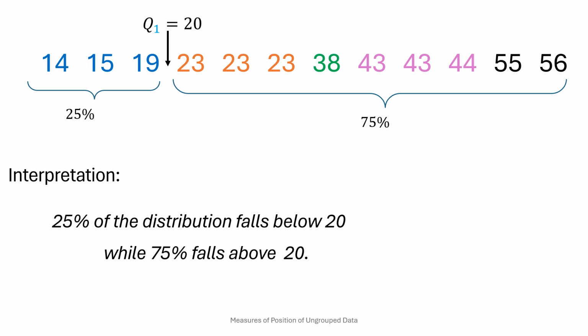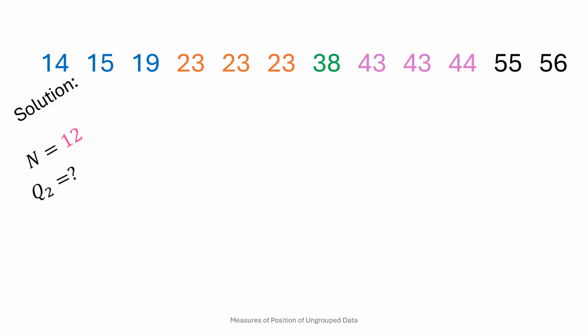Next is finding quartile 2, or the second quartile, which is also known as the median. Now in finding the median, or quartile 2, just apply the median rule. Using the formula in finding the quartile, and then substitute the given, which is n is 12 and k is 2, because we're looking for the median.